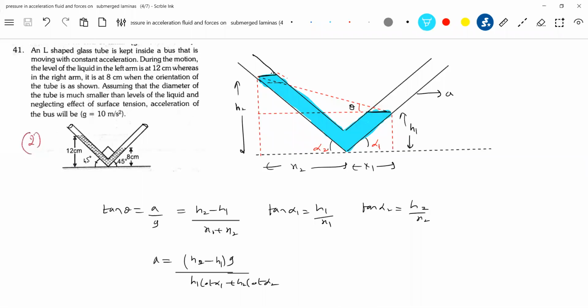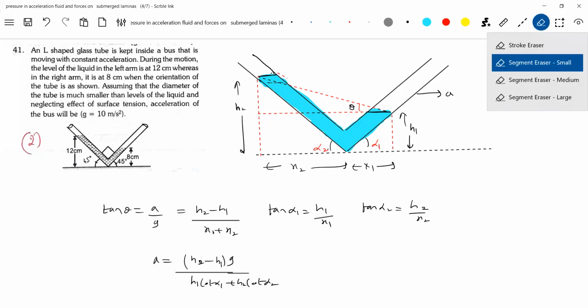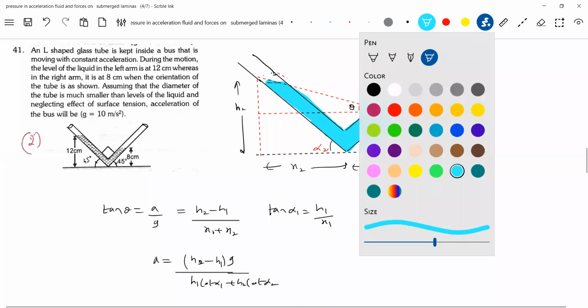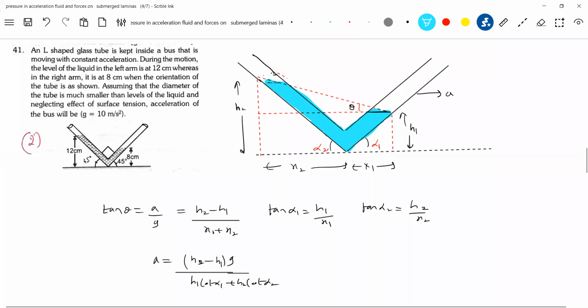That is actually the correct diagram. And there should not be any liquid in this region. So there should be actually the... am I right? So it should have been like this, the diagram.